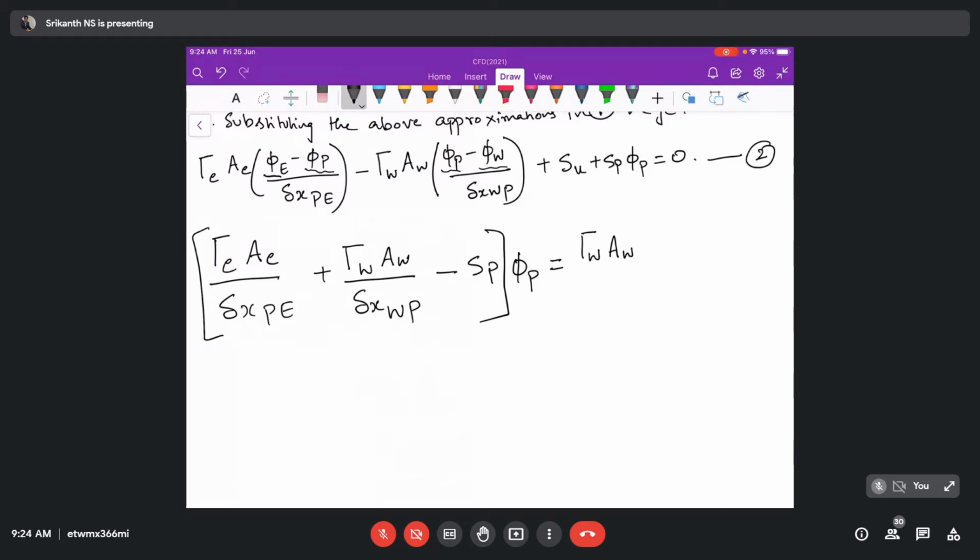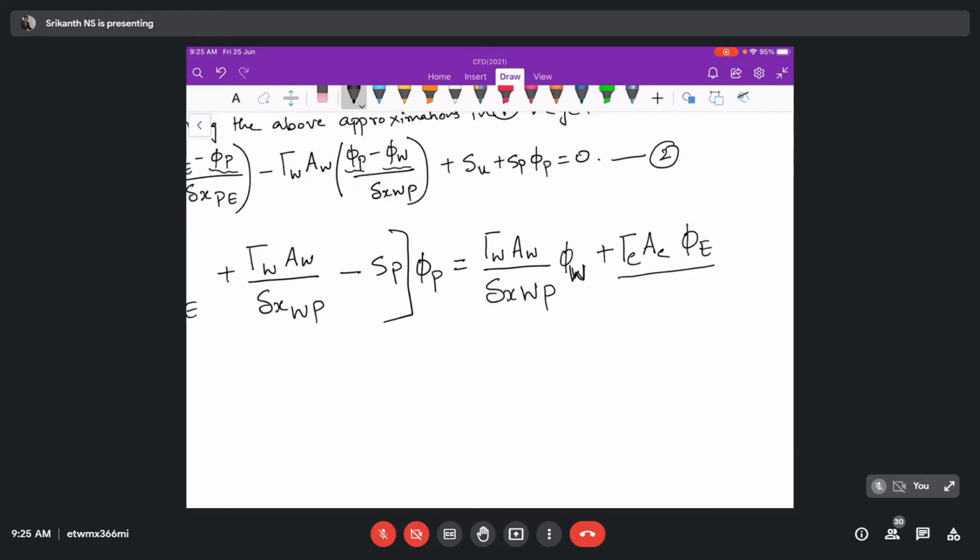So these are all small w, please understand, even though I have not written it. Divided by, plus gamma E AE phi capital E, whole divided by delta X PE, plus SU.